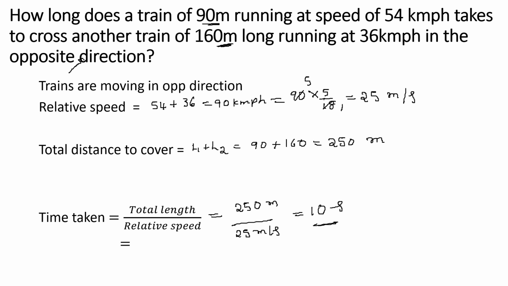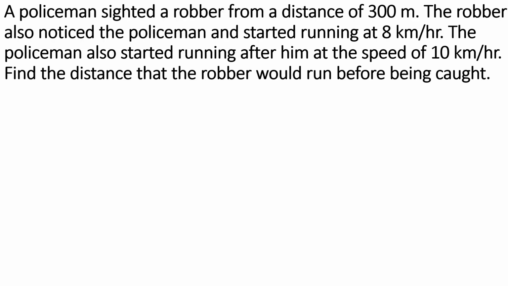Next problem. A policeman sighted a robber from a distance of 300 meters. The robber also noticed the policeman and started running at 8 km per hour. The policeman also started running after him at the speed of 10 km per hour. Find the distance the robber would run before he is caught.